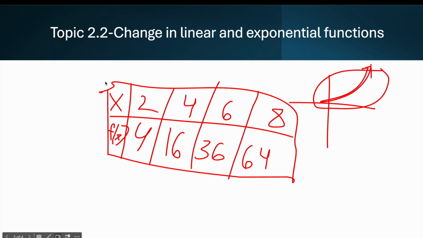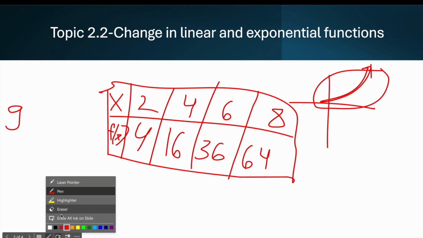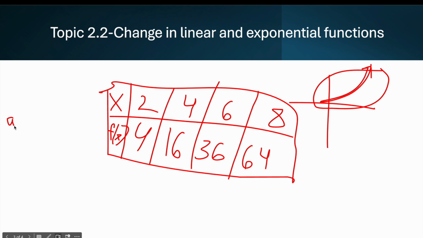For our exponential function, it's usually going to be modeled as a times b to the x. That is what a basic exponential function is going to look like. The next part is identifying a linear and an exponential function based on their characteristics.